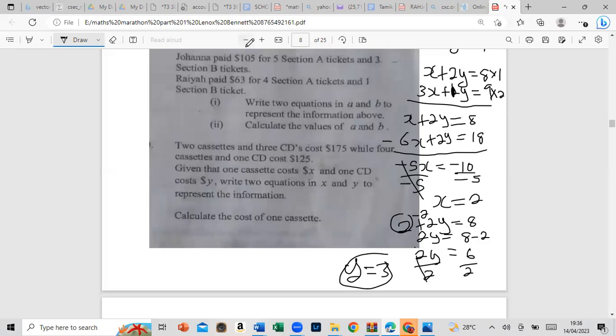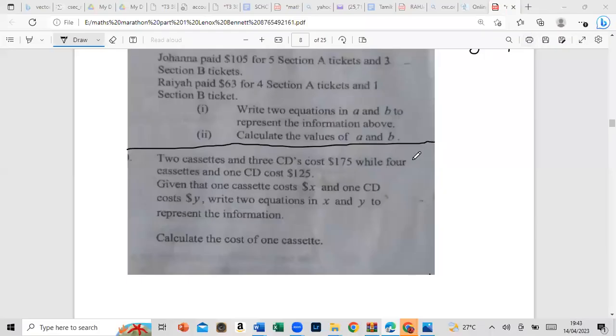I'm going to pause this for a little while, and then when you're ready for the solution. All right. So 2 cassettes and 3 CDs cost 175, while 4 cassettes and 1 CD cost 125. They told us to use X as a cassette.